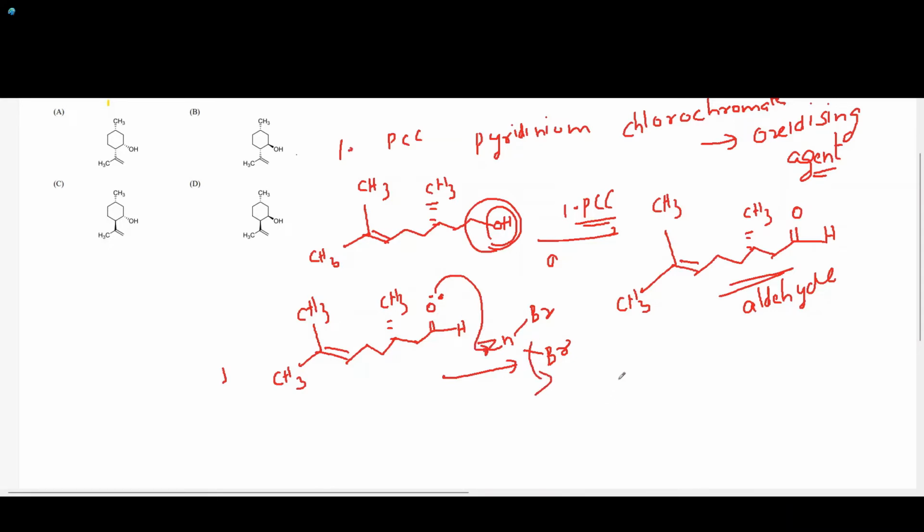So we can write the product like this, CH3 double bond CH2 CH3 CH2 C double bond O, Zn, Br and H. So basically we can write it like this, right?